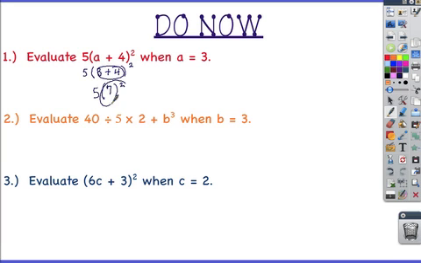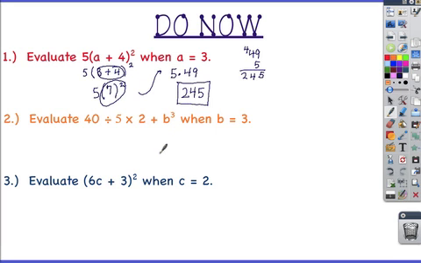Next comes our exponents. 7 squared is 49, and since there's no operation in between this number, 5, and the parentheses, that means we're going to multiply 5 times 49. And we get our answer of 245.